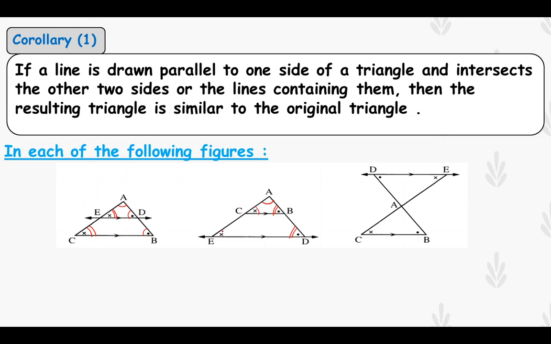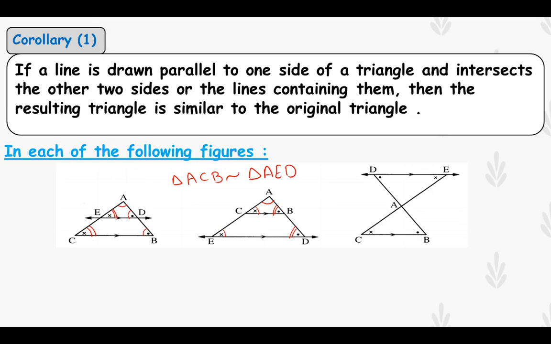Measure of angle C will be equal to measure of angle E, corresponding angles. Here in the first two cases we will write triangle ACB similar to triangle AED.